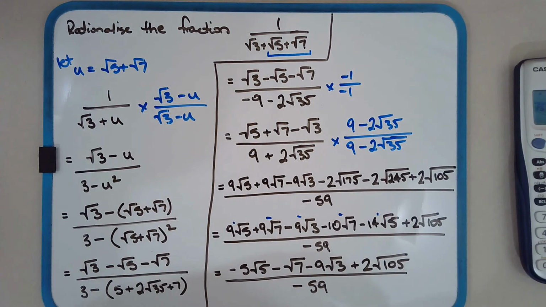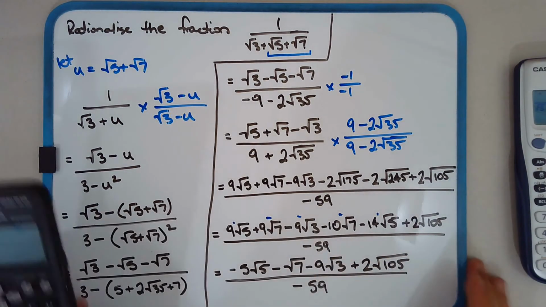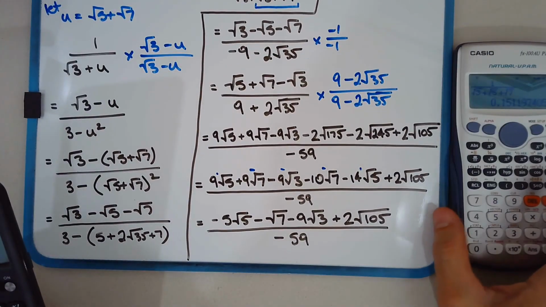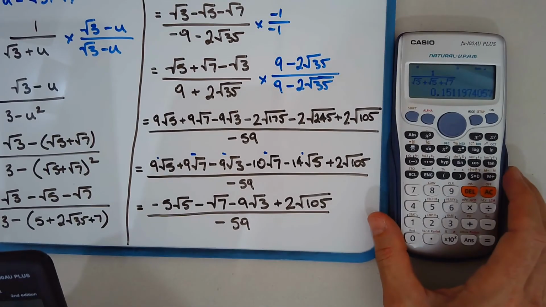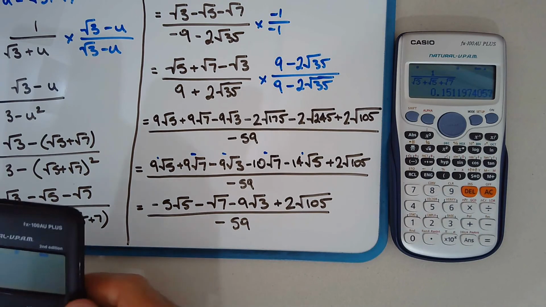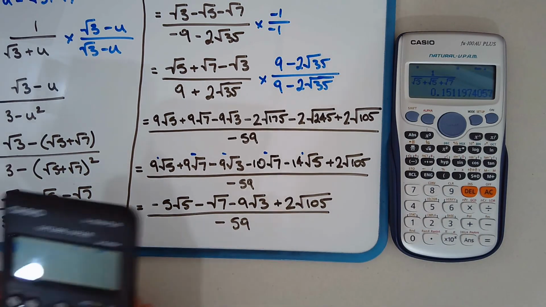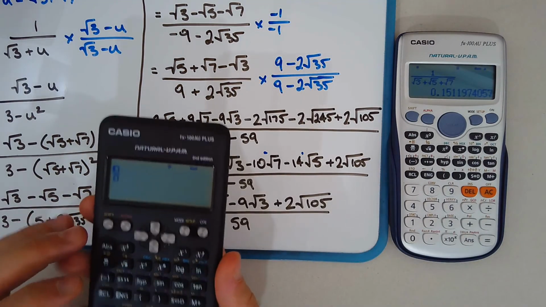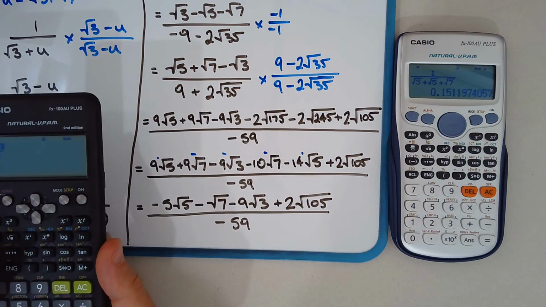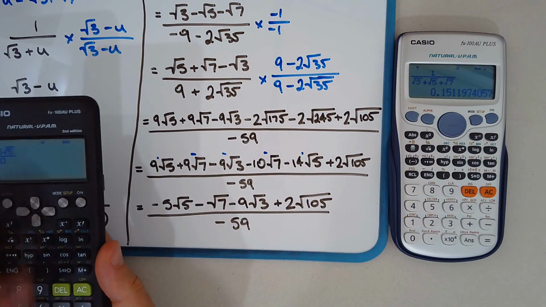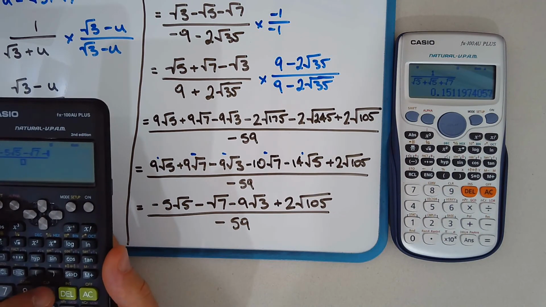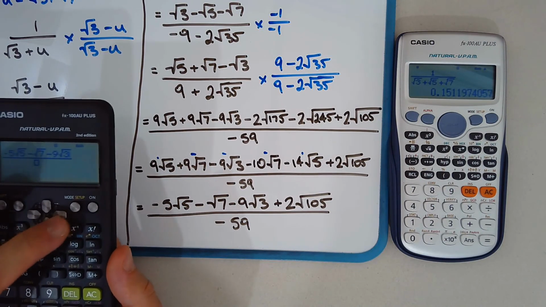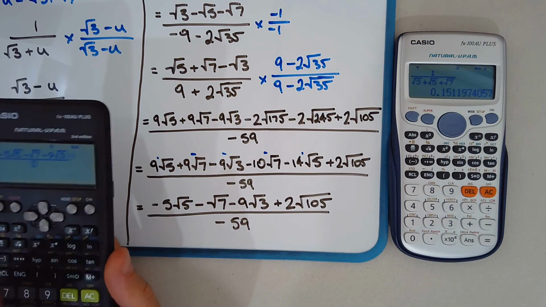What I might do is I'll just move that over a little bit. Yep, that's great. You can see that hopefully. Let's type what we just came up with there and see if that works. So negative 5 root 5 minus root 7. Hopefully it works. 9 root 3. Okay, should put a drum roll in the background.